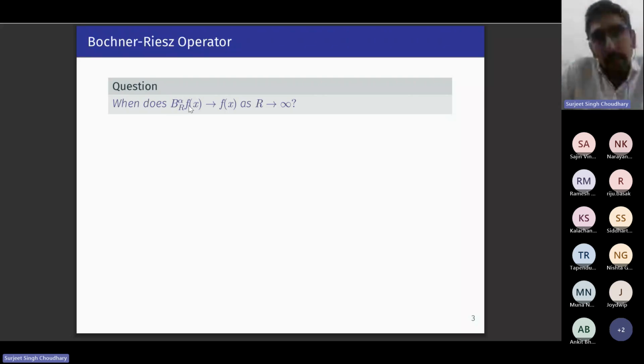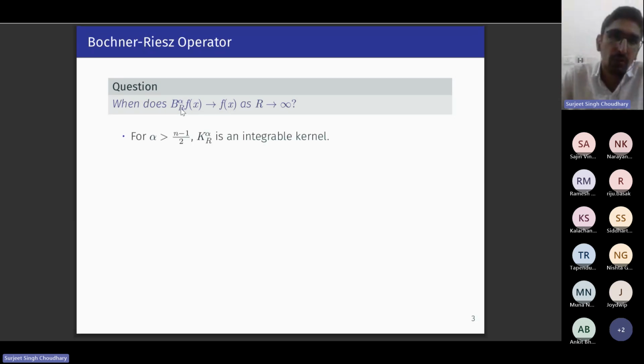But another way of convergence is norm convergence. For that, it's enough to study the L^p boundedness of the operator B_alpha,R, and to obtain the L^p boundedness uniform in R. So in this talk, we'll be interested in the L^p boundedness of the operator B_alpha,R.